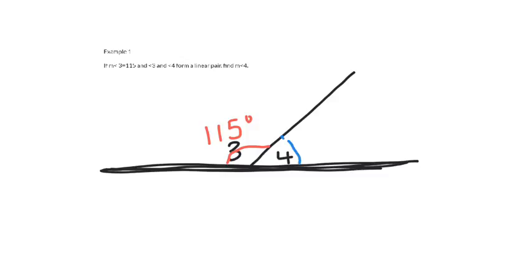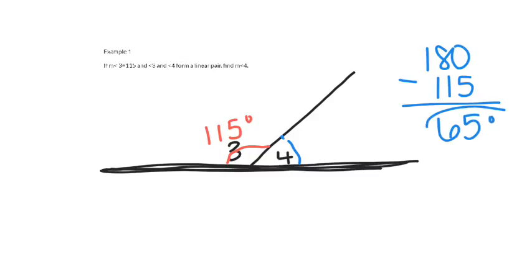A linear pair has to be supplementary, and supplementary means they add up to equal 180. So if I take 180 minus 115, I will find the other angle, which is 65. It's very useful to know that angles that make a line are supplementary, because I can always just subtract from 180 and find the other missing angles, which is nice.